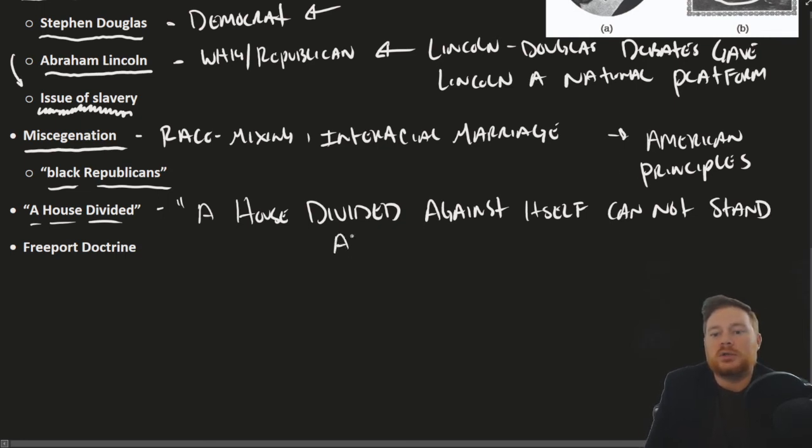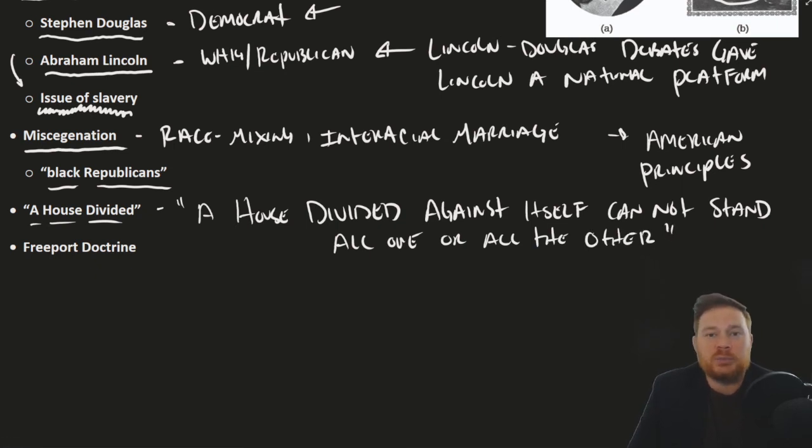Lincoln said it's going to be all one or all the other, that the country is going to have to be either entirely free or entirely slave. Of course, Lincoln, being the Northerner that he is, and with his stance on slavery, is obviously advocating for a nation in which slavery is abolished everywhere, and Southerners would remember this by the time that he became president.